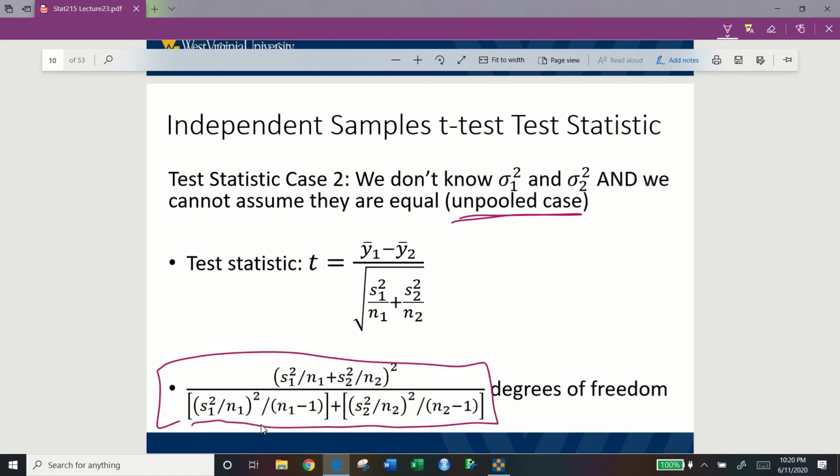The quantity s1 squared divided by n1 plus s2 squared divided by n2, that entire quantity squared, divided by the quantity s1 squared divided by n1, quantity squared, divided by n1 minus 1, plus the quantity s2 squared divided by n2, quantity squared, divided by n2 minus 1.